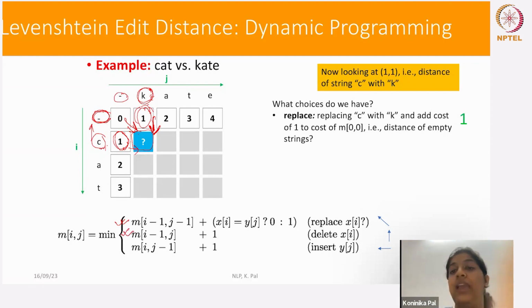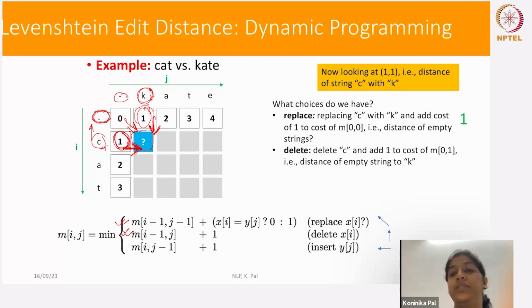So that is exactly coming from this particular equation. And lastly, if I come from this direction, then what information do I have? The cost to change C to null. So if we change C to K, from this null I have to come to the K. So 1 additional insertion, which is this one.